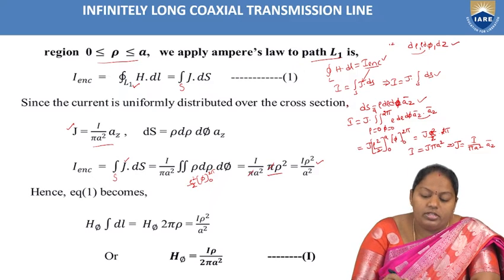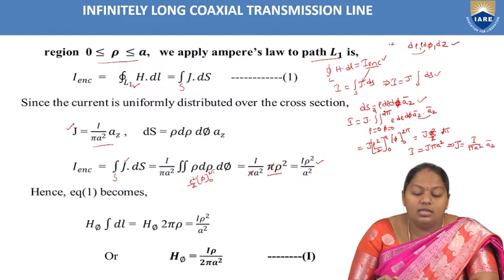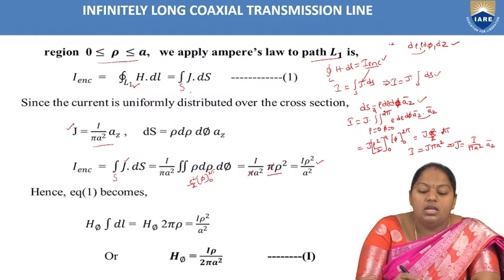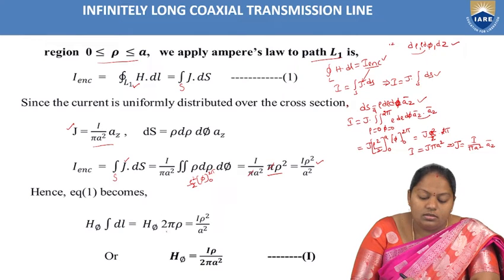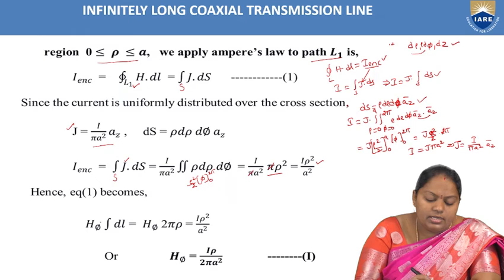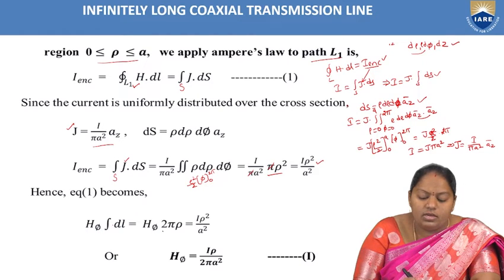Now from that equation, I enclosed is equal to the closed line integral L1 h dot dl, equal to integral s j dot ds. By comparing those two terms in equation number 1, we are going to get integral h phi dot dl is equal to h phi 2 pi rho. Why? Because dl is evaluated with respect to the phi direction.